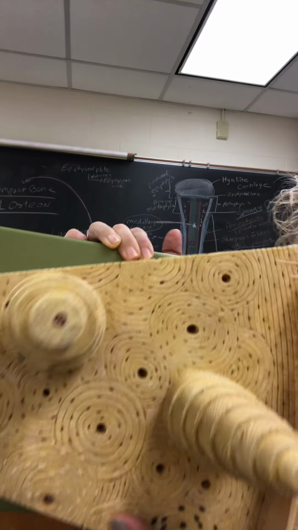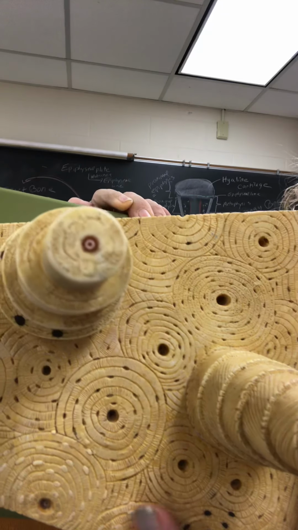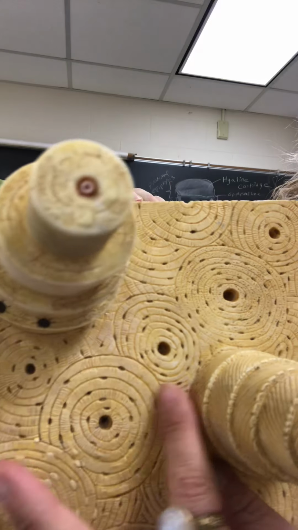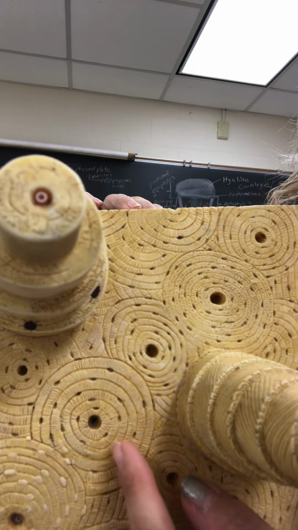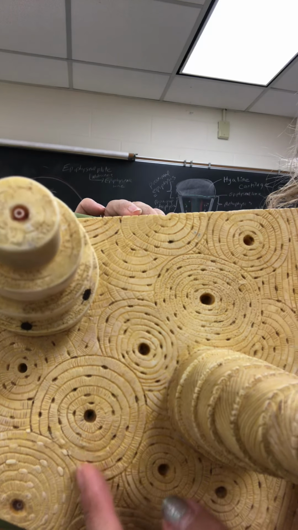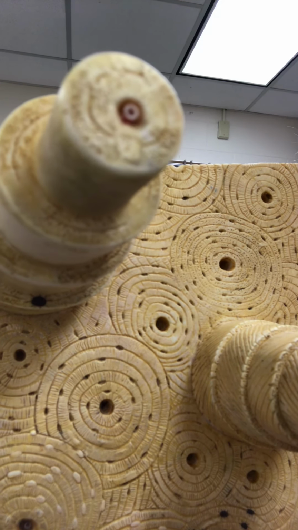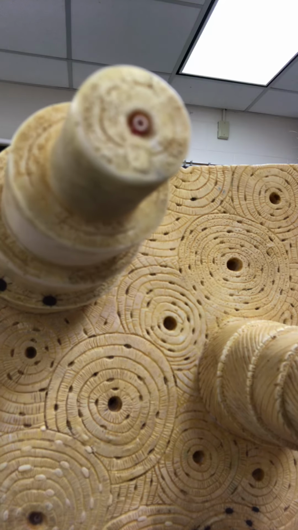Now, in order for the osteocytes to receive nutrients, if I bring it even closer, you could see little tiny lines that cut across. Those are called canaliculi. These are canals through which nutrients can travel from one lacunae to another.